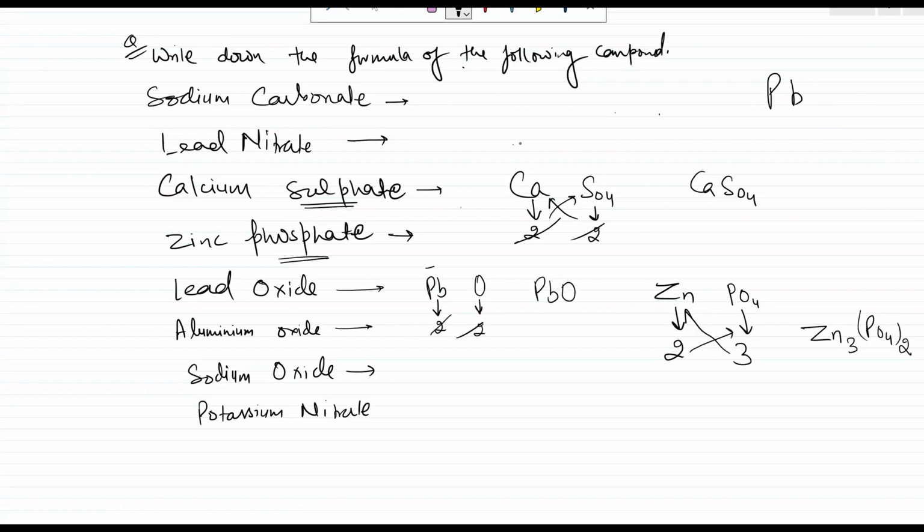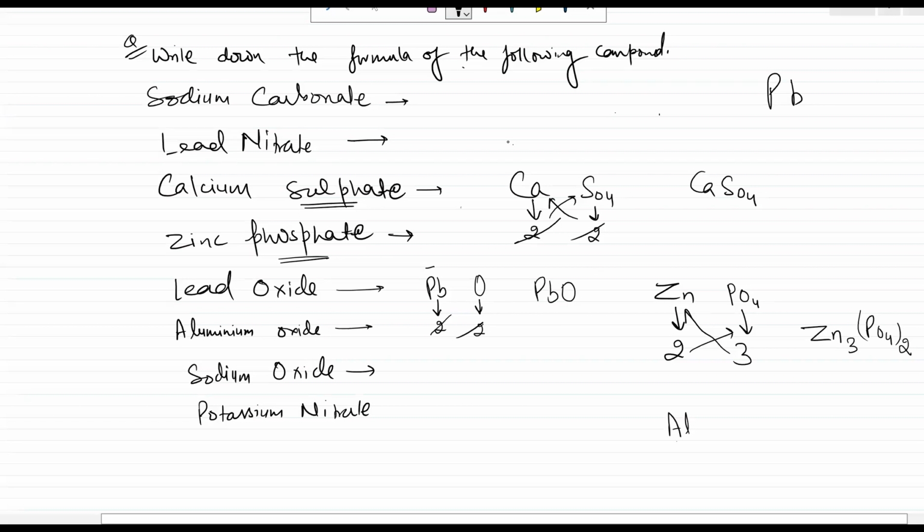Okay. Formula for aluminium oxide. Romaisa, tell me the formula of aluminium oxide. Are you there, Romaisa? Yes, sir. Okay. What's the formula for aluminium oxide? Al2O3.